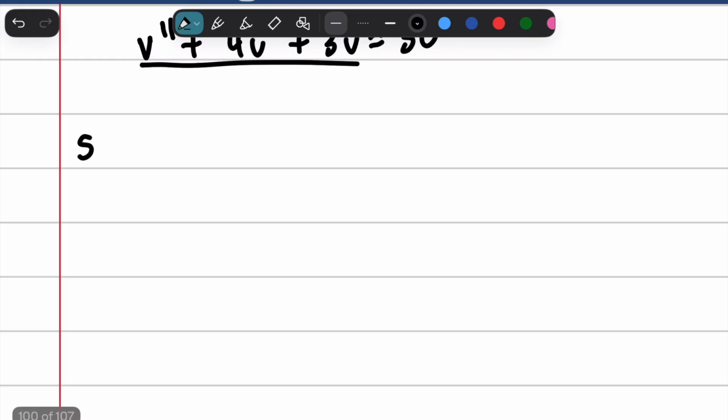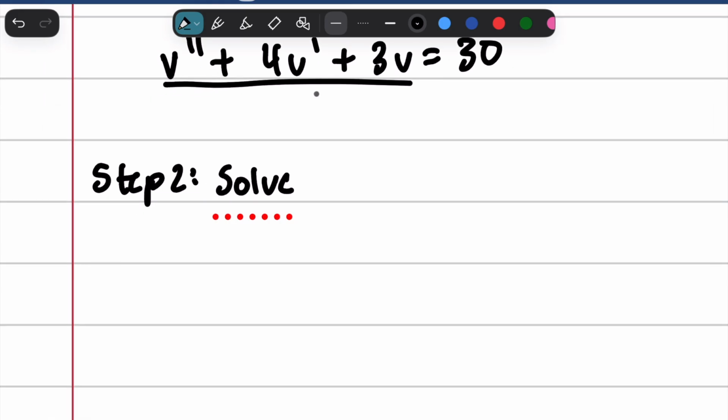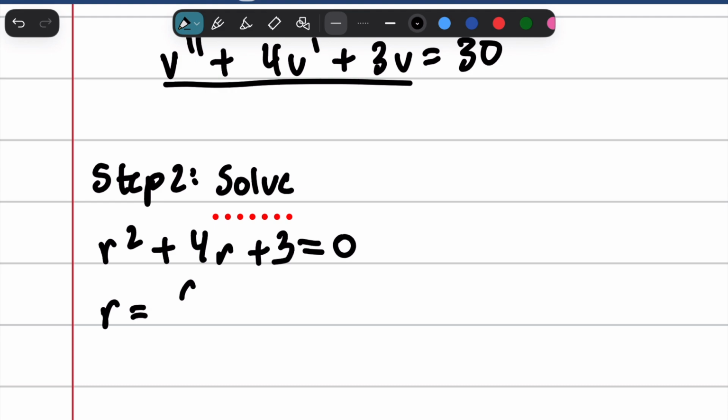So step 3, or step 2 rather, we're gonna solve, okay? And we get our characteristic equation, right? Plus 3 equals 0, and that's gonna have roots of -3 and -1.